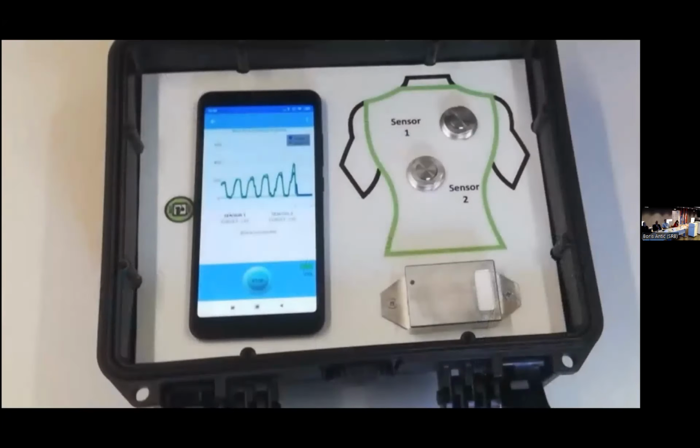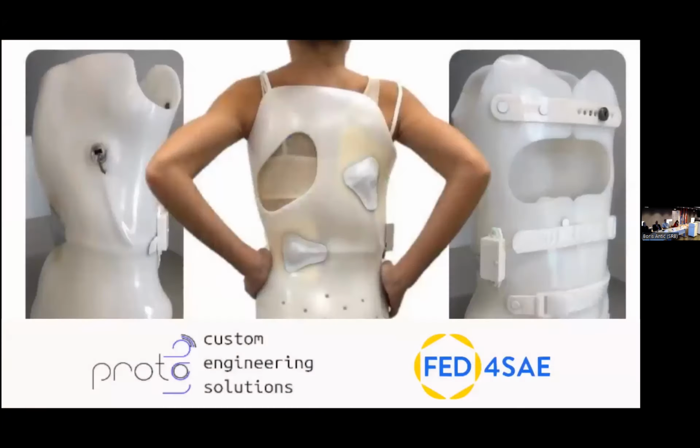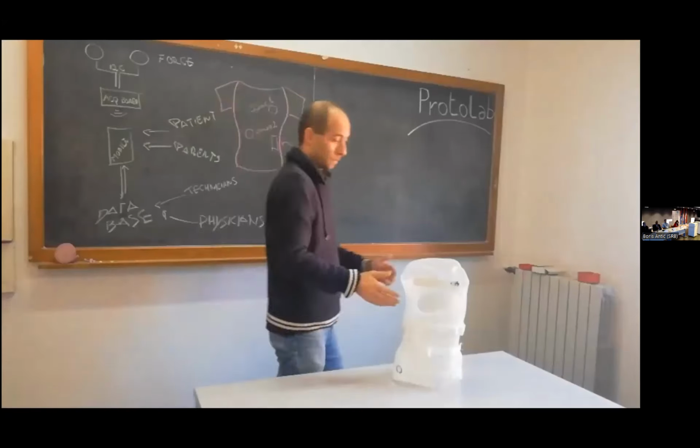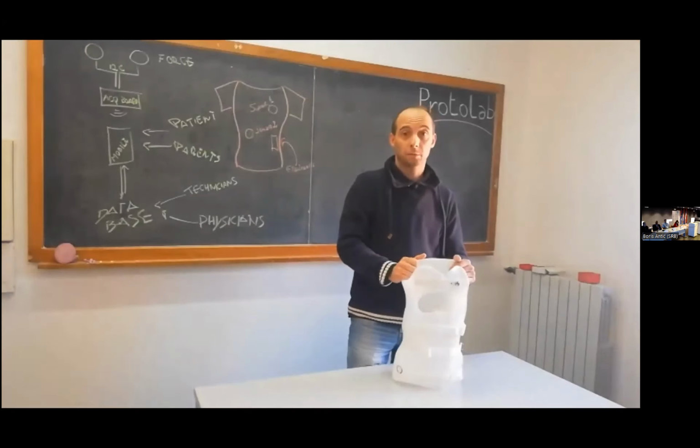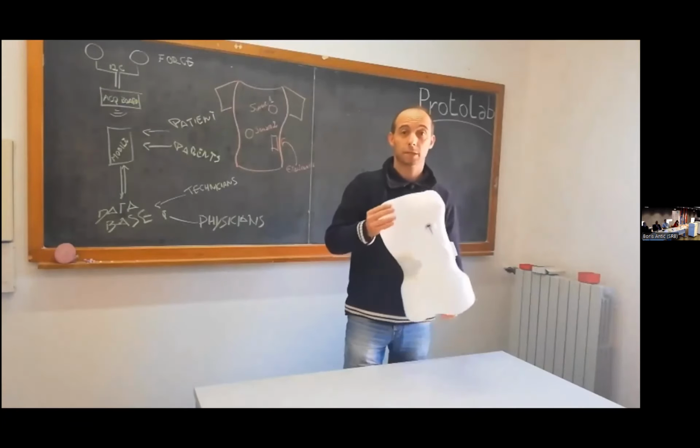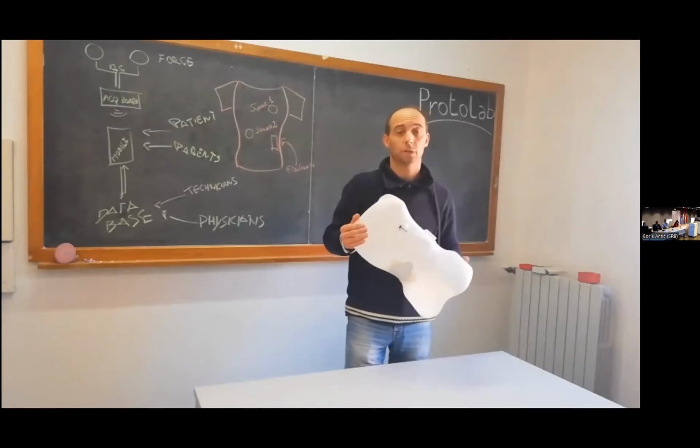Together with FED4SAE, Protolab has developed an innovative plug-and-play wearable sensor kit to monitor pressure in scoliosis braces, improving compliance with medical prescriptions, and encouraging active patient participation to achieve satisfactory treatment results.